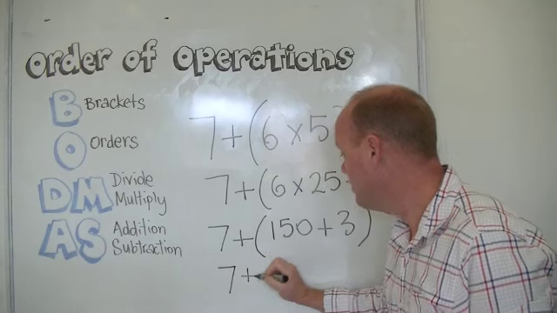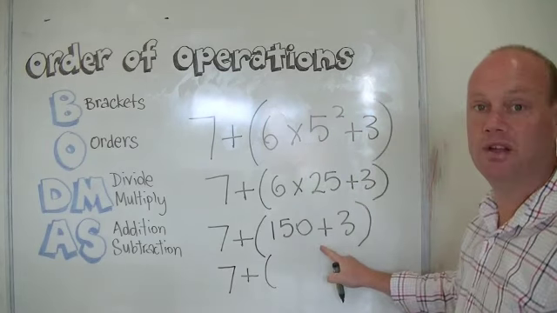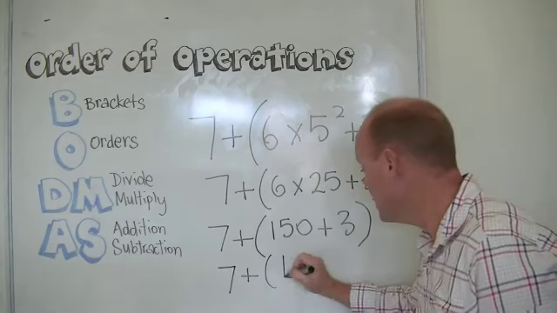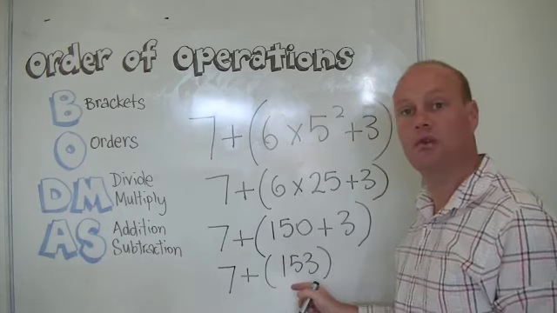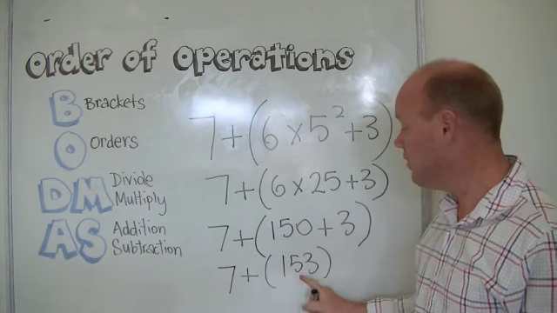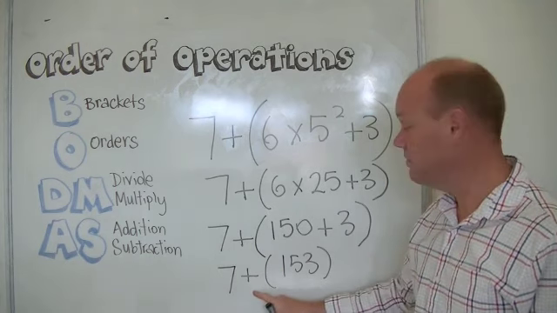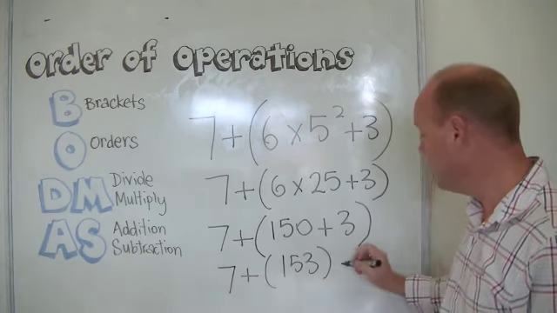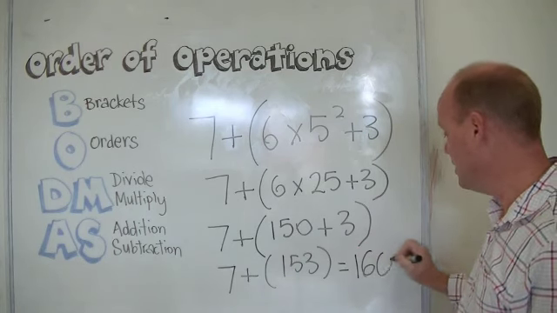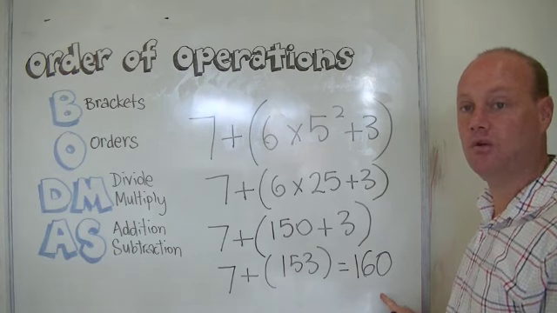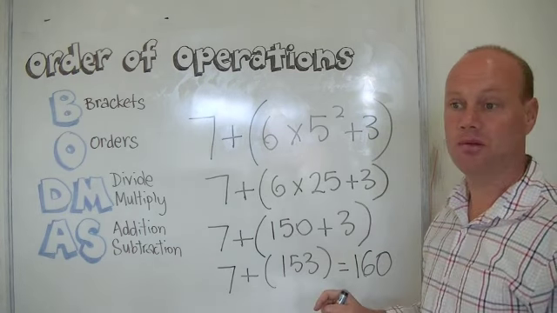So 7 plus 150 plus 3 is 153. Okay, we've solved everything in the brackets, and now we can simply go back to addition. 7 plus 153 is 160. And that's how you solve a problem with mixed operations.